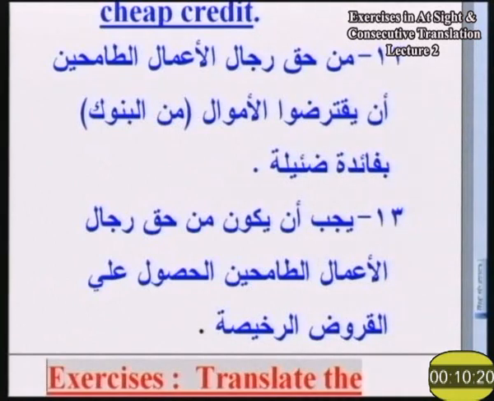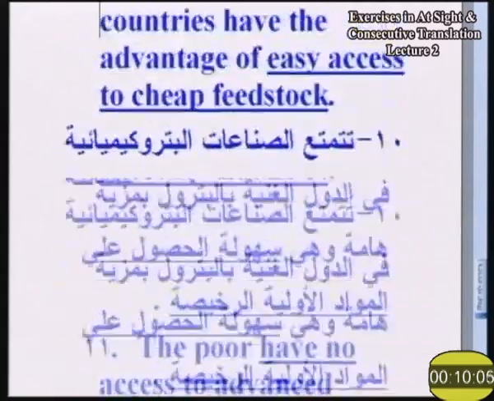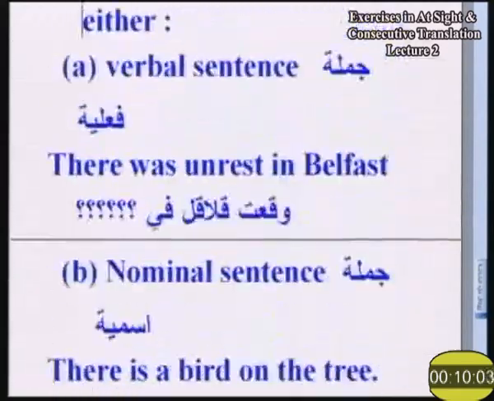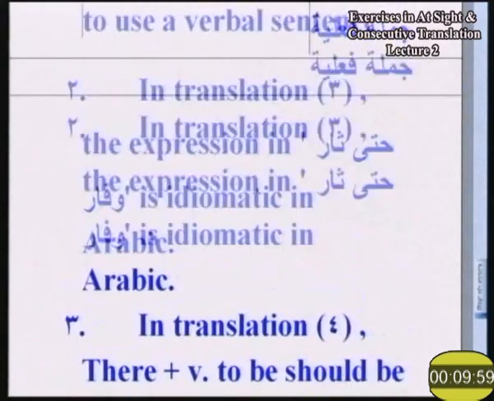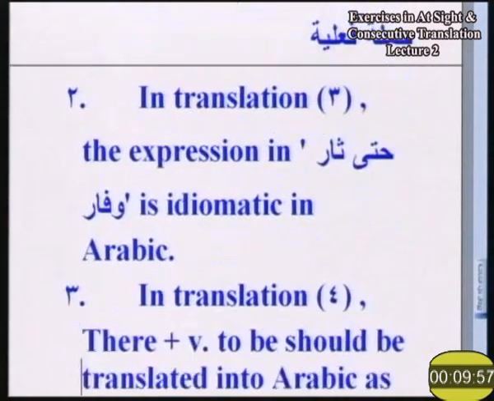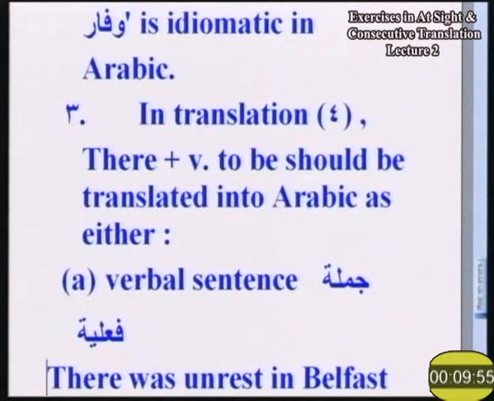So you see, according to the nature of the Arabic language, we have to use in most cases the verbal sentence. Again, remember what we have been discussing about the use of the expression there plus verb to be, which is observation number 3 in translation.